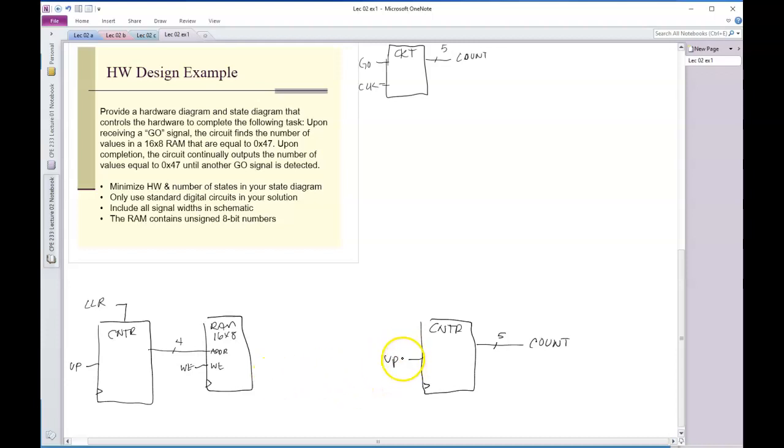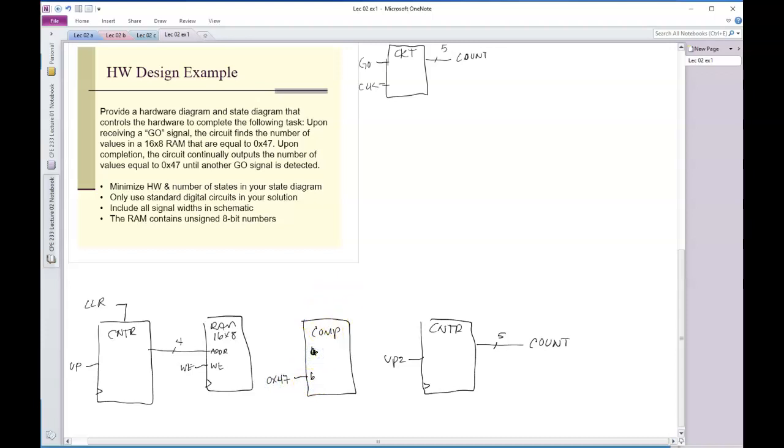It kind of clashes with that signal, but I'm going to call this, we'll say, up to. And the key to making this circuit work is the fact that it has a comparator in it. It's looking for 47. The way I'm going to look for 47 is using a comparator. And what I'm going to do is hard code one of those inputs to 47.